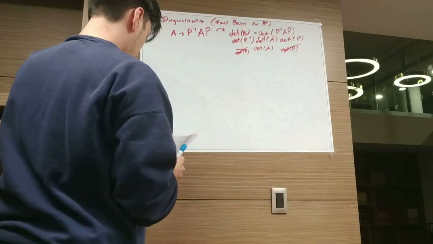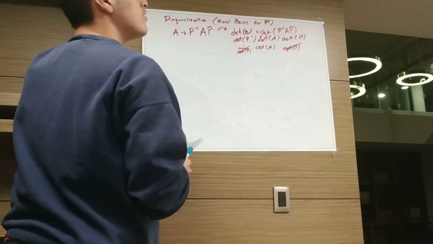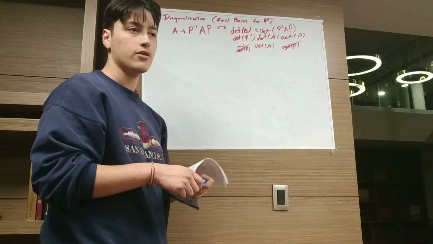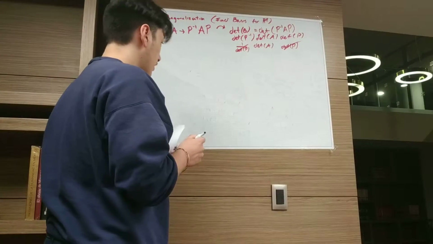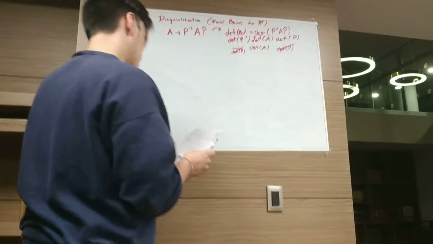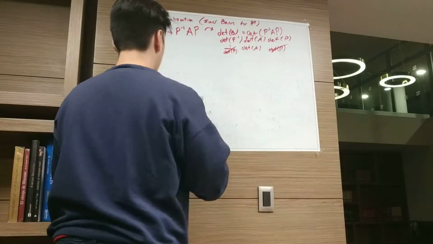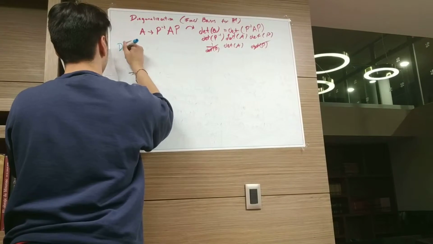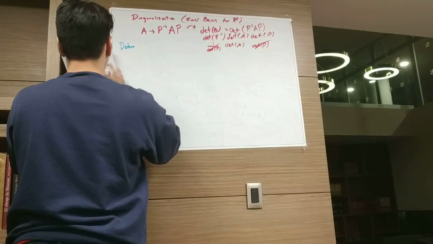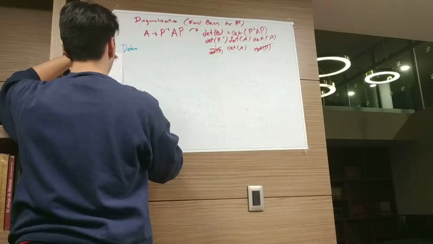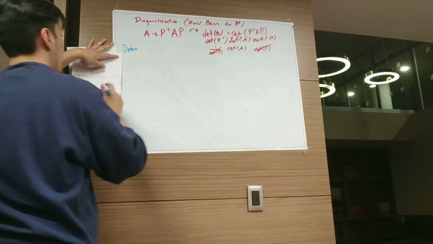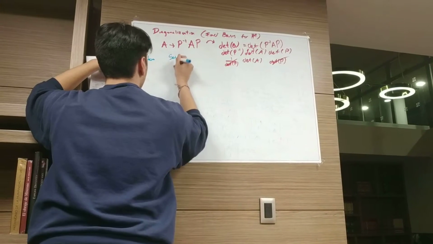First we need to write the similarity invariance rules. For that there is a table, but I'm going to be quick with that. For example, the determinant needs to be the same. We see this, also the same.